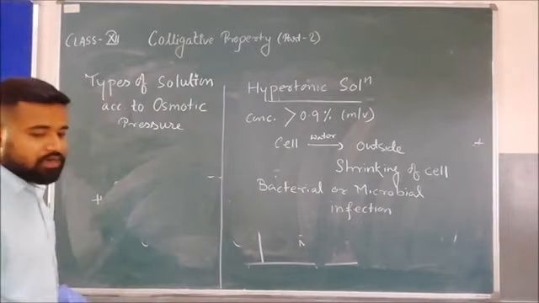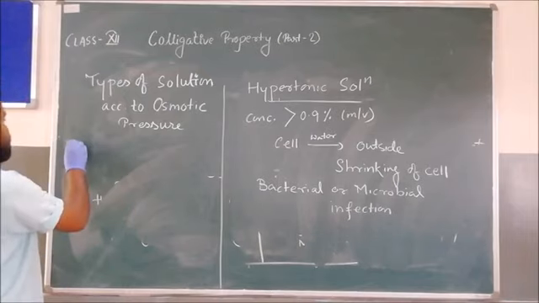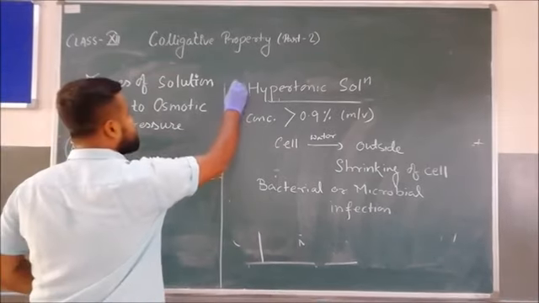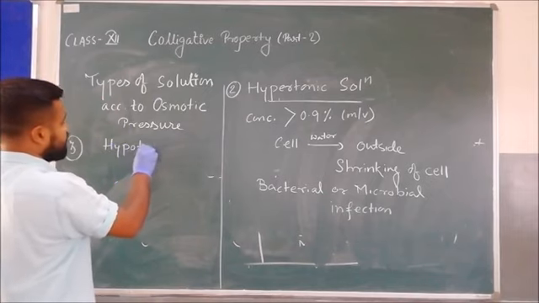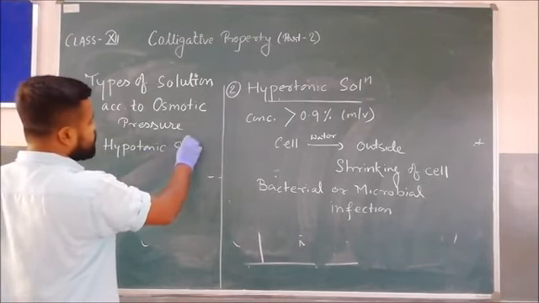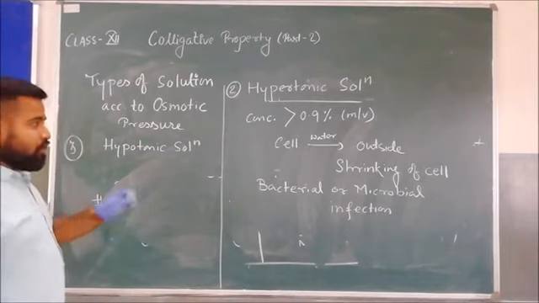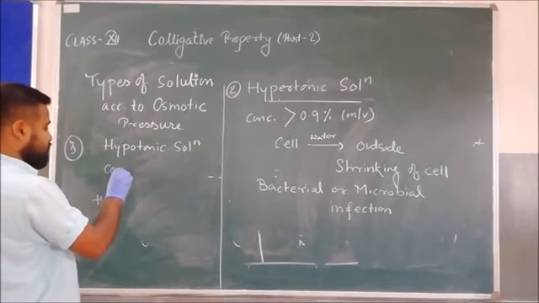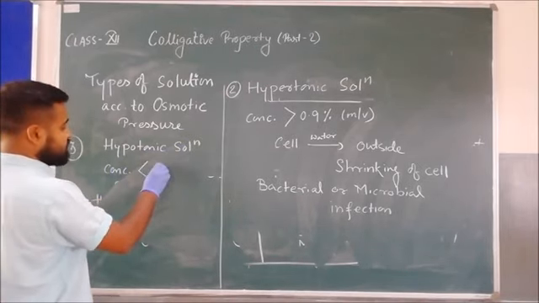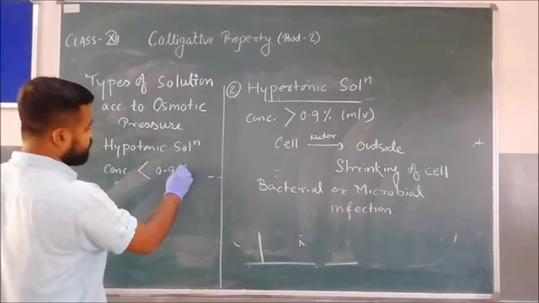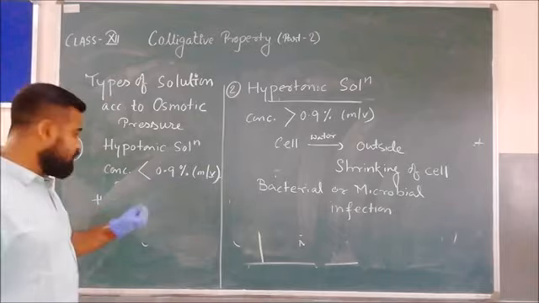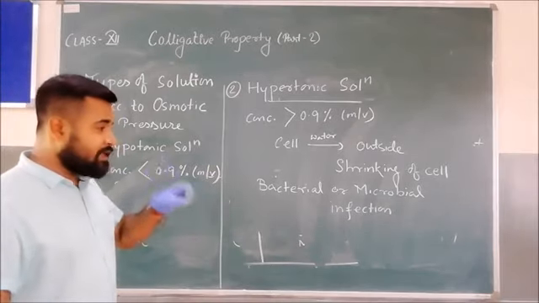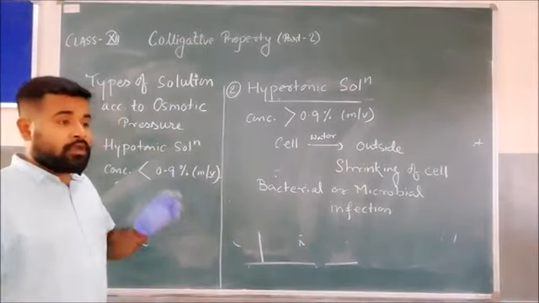hypotonic solution. This is the second one and this is the third one, hypotonic solution. So what is hypotonic solution? When the concentration of the solution is less than 0.9 percentage mass by volume, now what happened?